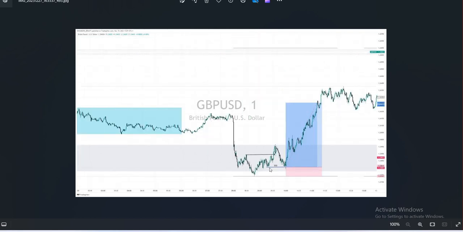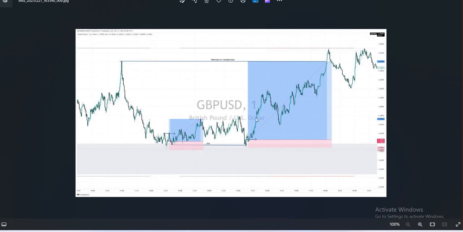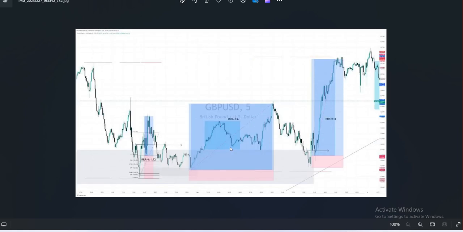So you see this one was caused by liquidity. There was an equal low, price came, took that equal low and rallied up. Same thing with this. There was a liquidity level here. You see price came, tapped that liquidity level, and price rallied higher. Okay, same thing with this.